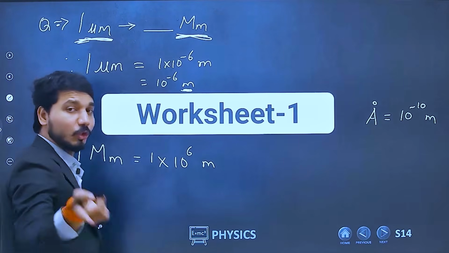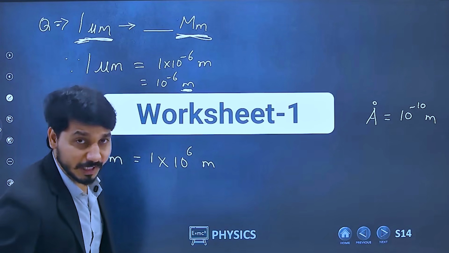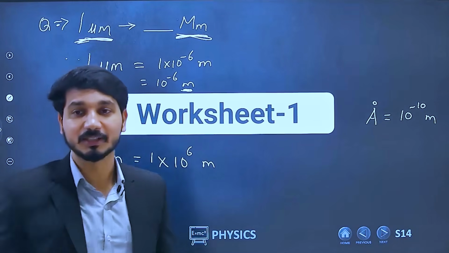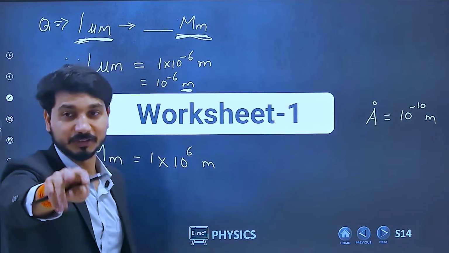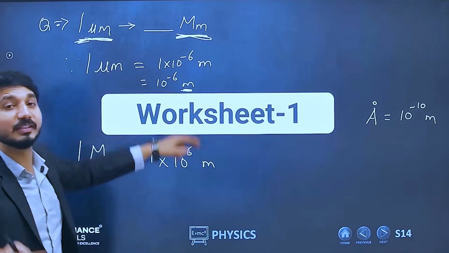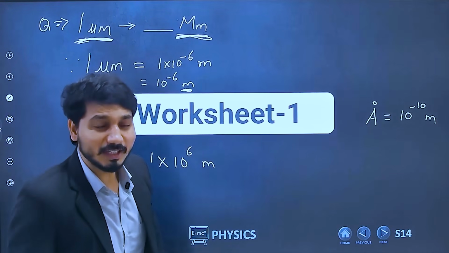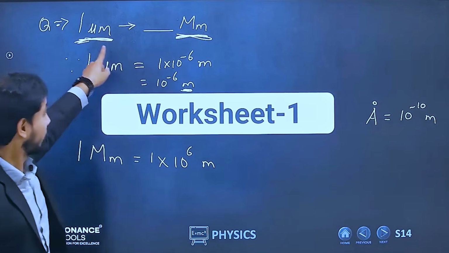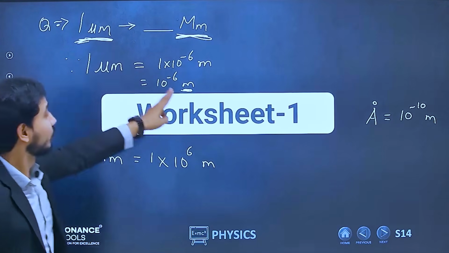So we should be aware now. We have to calculate in 1 meter how many megameters are there. See the process. In 1 meter, how many megameters are there? And can you observe one thing? We are doing unit conversion from smaller unit to bigger unit.